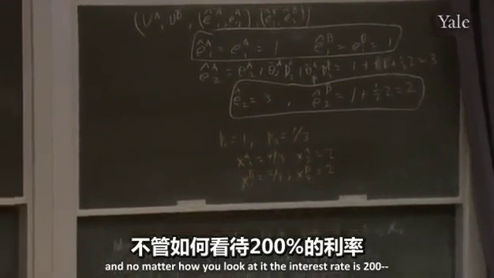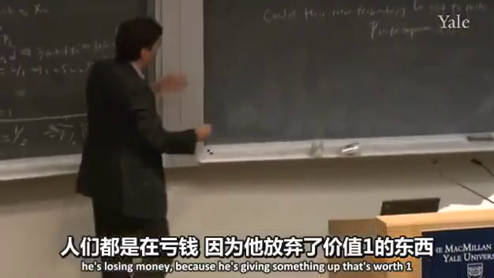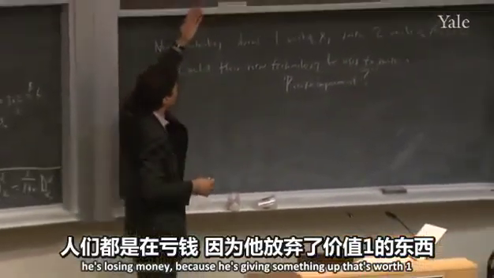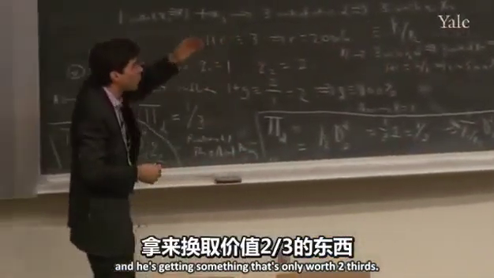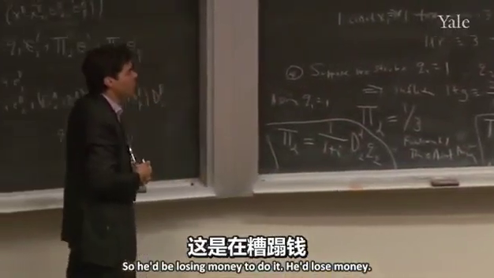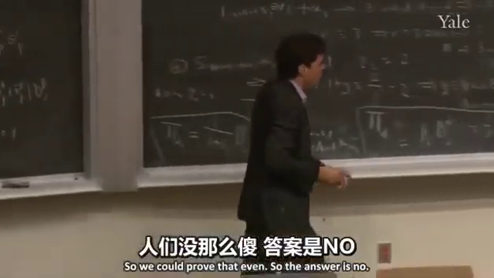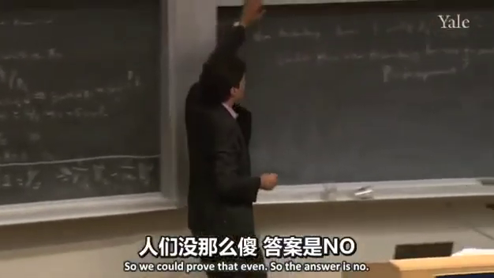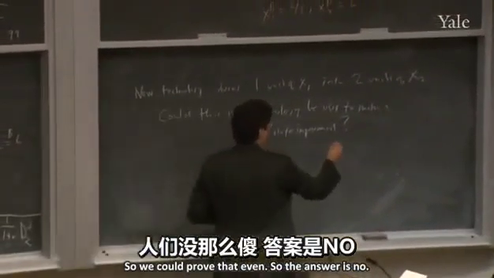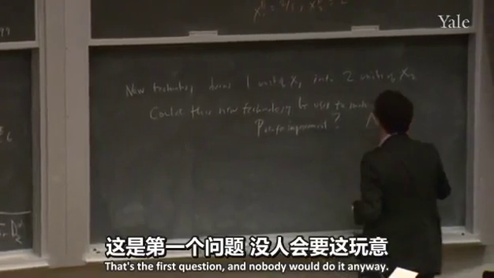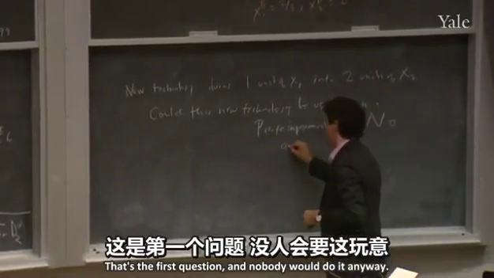No matter how you look at it, the interest rate is 200%. He's losing money because he's giving up something that's worth 1, and he's getting something that's only worth 2/3. So he'd lose money. We could prove that even. So the answer is no, and nobody would do it anyway.